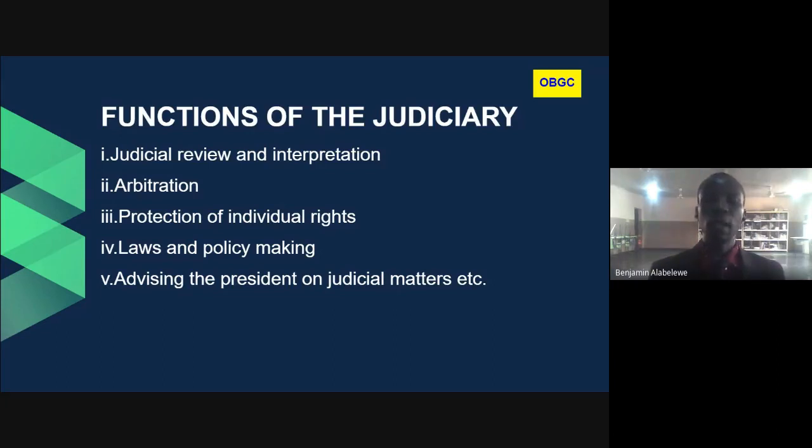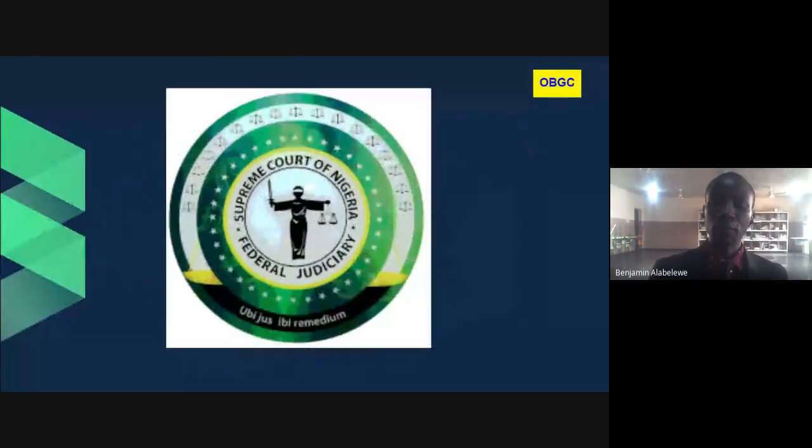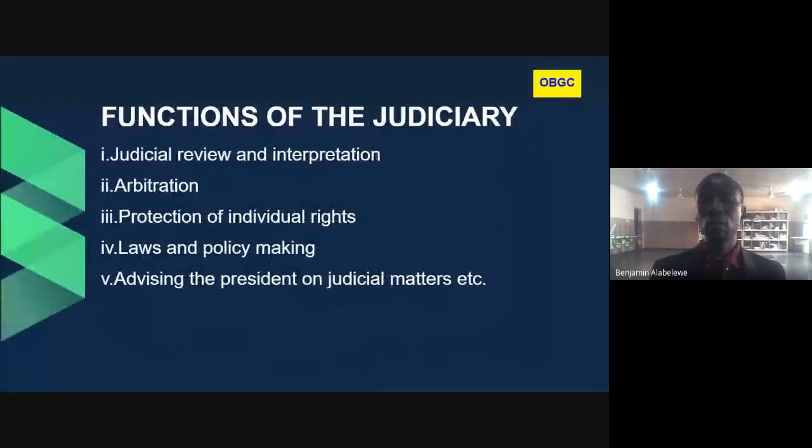Four, they have the powers to supervise laws and policies made by the legislature and the executive. They advise the president on judicial matters. All of these are the functions of the judiciary.